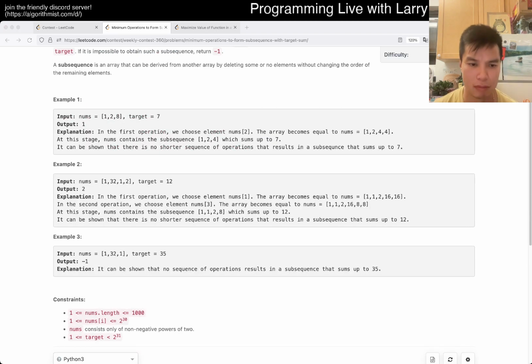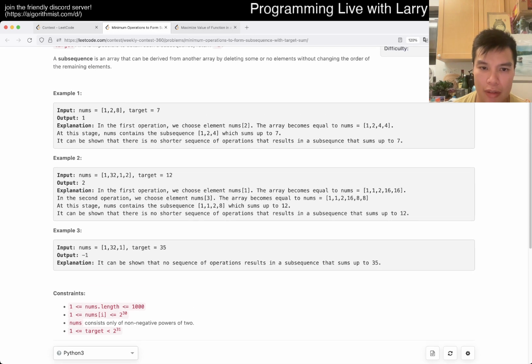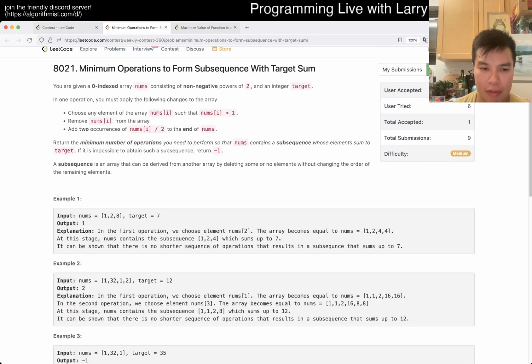Hmm. 32 is 16, 8 and 4, but that's not close, right? Oh, it's a subsequence. A sequence of operations, not the shortest subsequence. So that means that we should use the existing stuff as much as possible in theory.